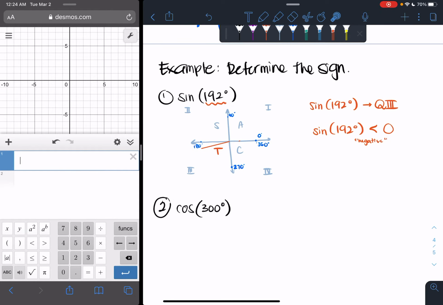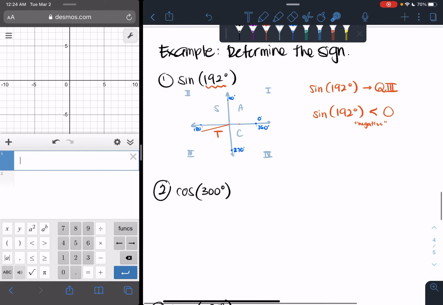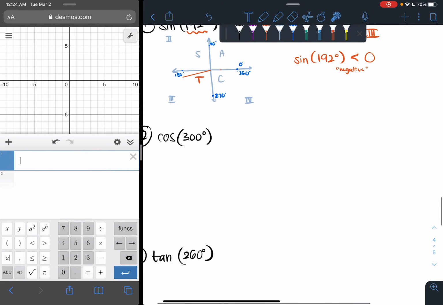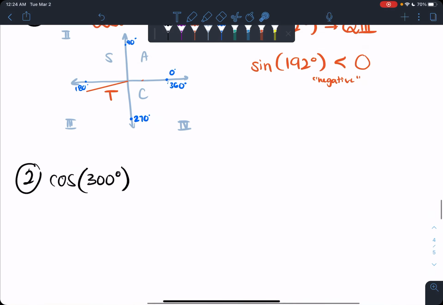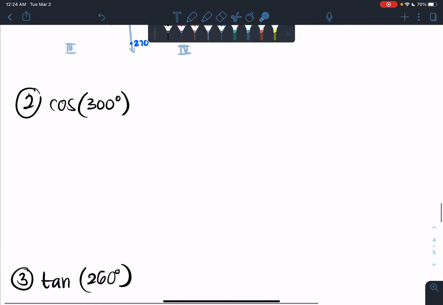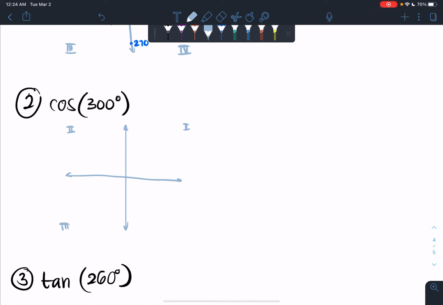So let's do it again for number 2. Okay, so number 2, go away calculator. I don't need you right now. Let's draw our coordinate plane. One, 2, 3, and quadrant 4.